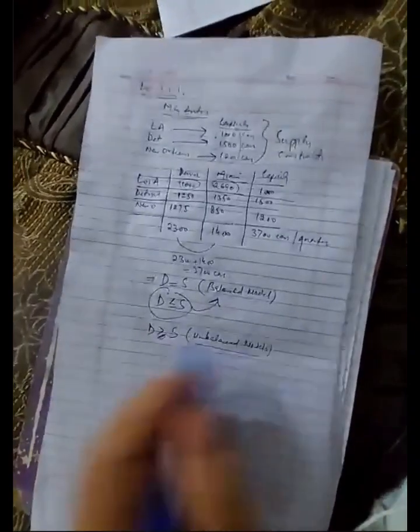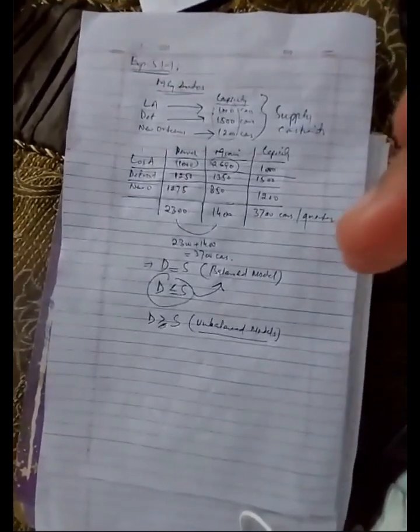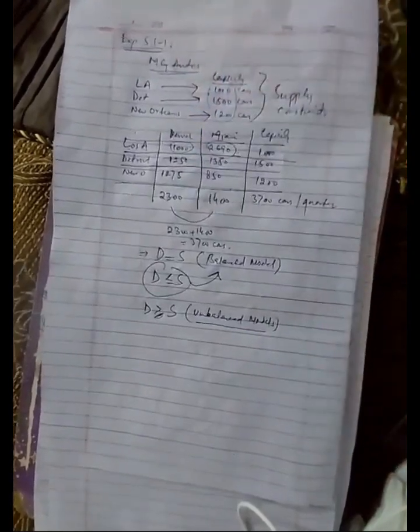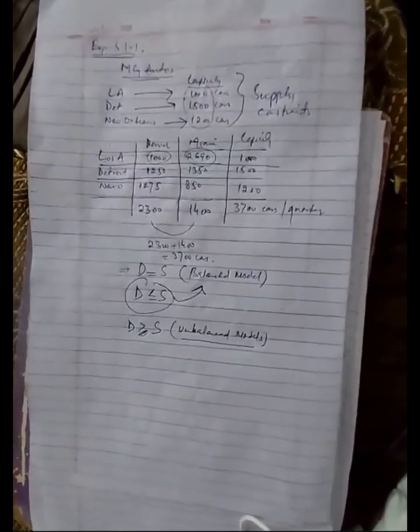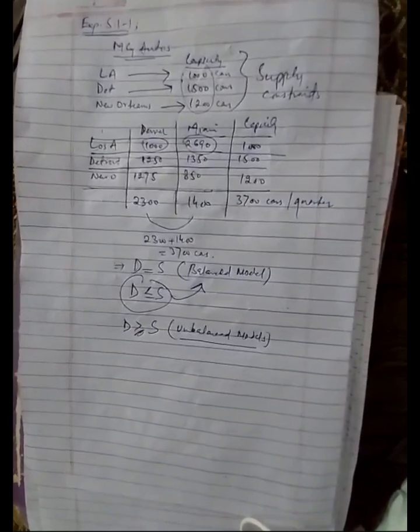And when we have unbalanced models, we either add a dummy supply or a dummy destination, to make the demand equal to supply, depending on the situation. We will study it after we do the first problem.